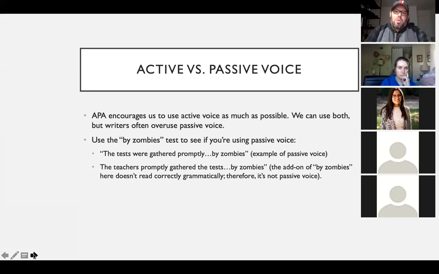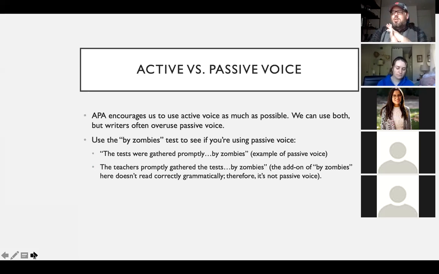So for example, this first statement, "the tests were gathered promptly by zombies." That grammatically works, and so that's an example of passive voice. However, if you wrote "the teachers promptly gathered the tests by zombies," it doesn't work, right? Grammatically, it doesn't flow. So therefore, that's an example of active voice. So you can maybe use the by zombies test as you go through your own work.